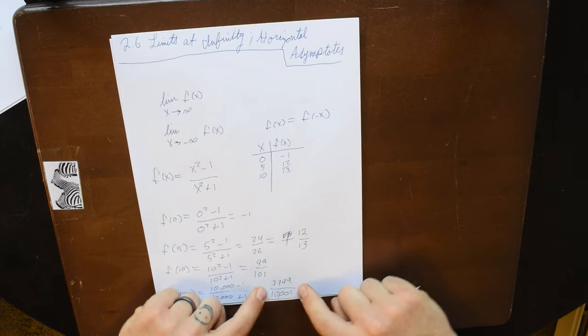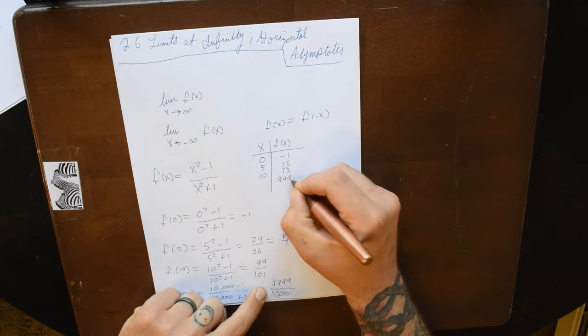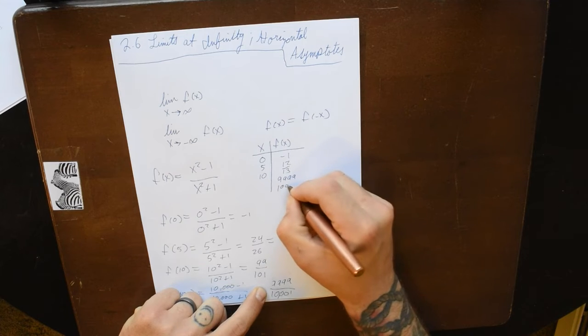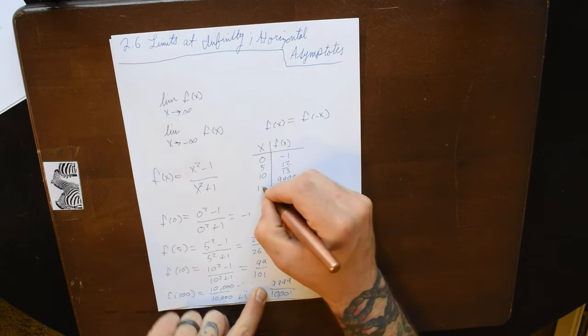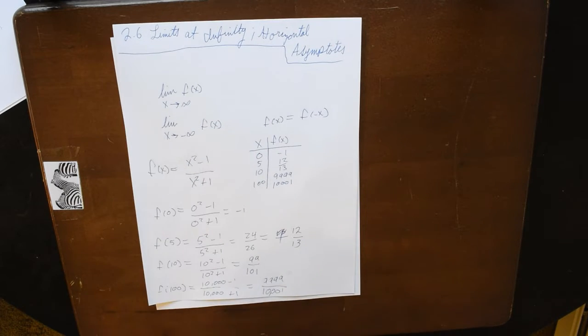And once again, this ratio of 9,999 to 10,001 is a lot closer to 1 than 99 divided by 101.